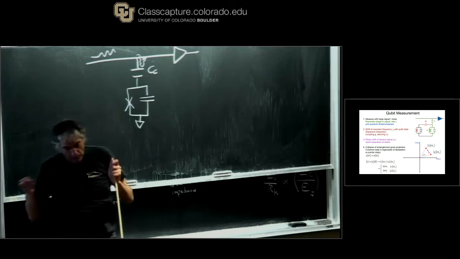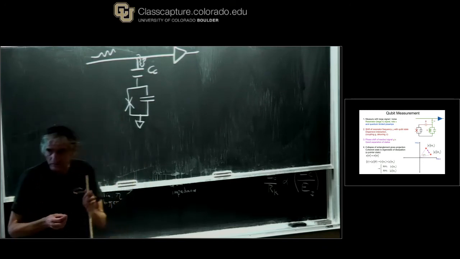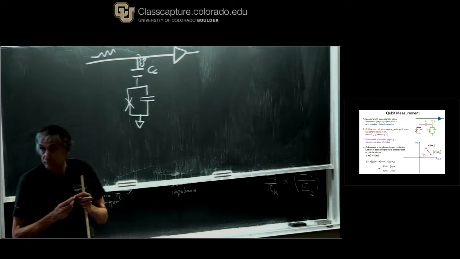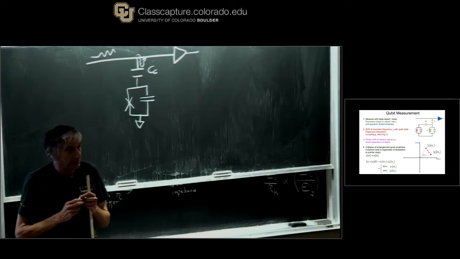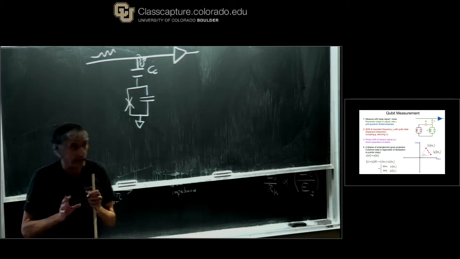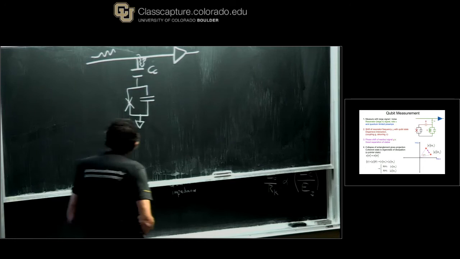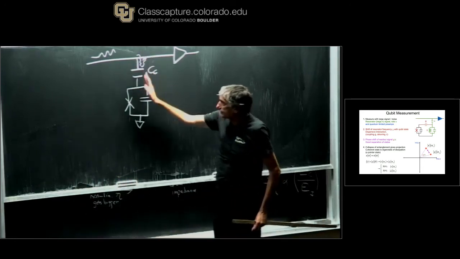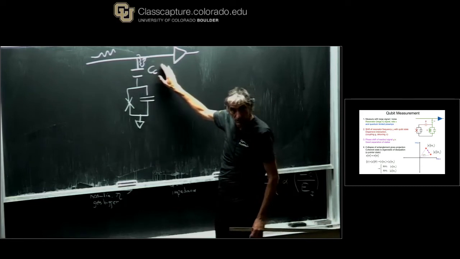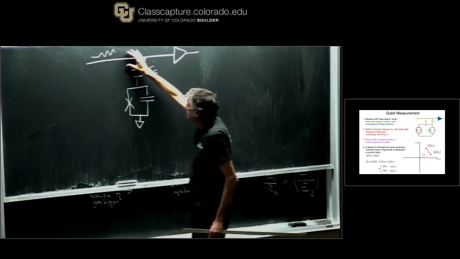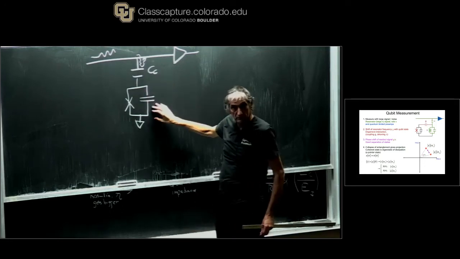Okay, in fact, people have done experiments like this, but there's a problem in doing it this way. Can people see what the problem is? It's maybe a little subtle. If we want to scatter strongly off of this to get a good signal here, it means the damping from this 50 ohm line is going to damp our qubit.